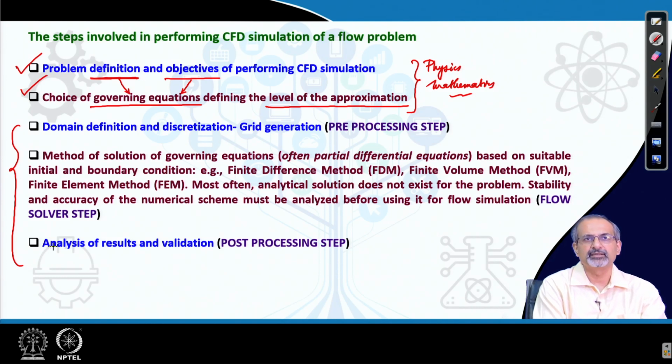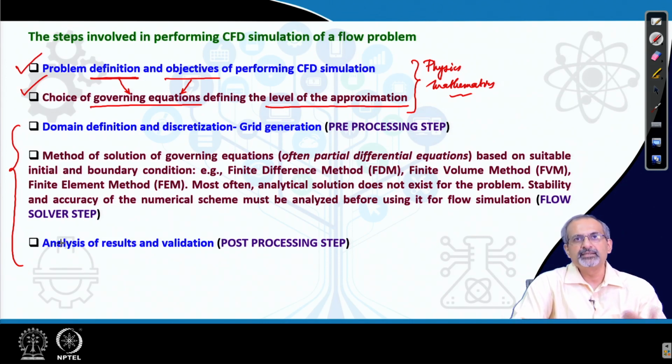So, the next three steps essentially involve solution of a particular governing equation, which can be, say, a single partial differential equation, or it could be a system of partial differential equations. And then we do not have an exact solution of it most often, and therefore, we have no other resort but to numerically approximate it and solve.